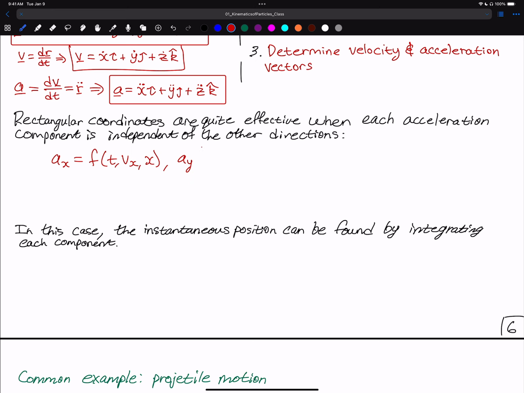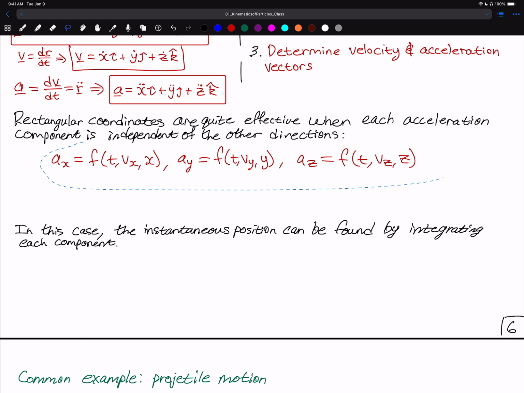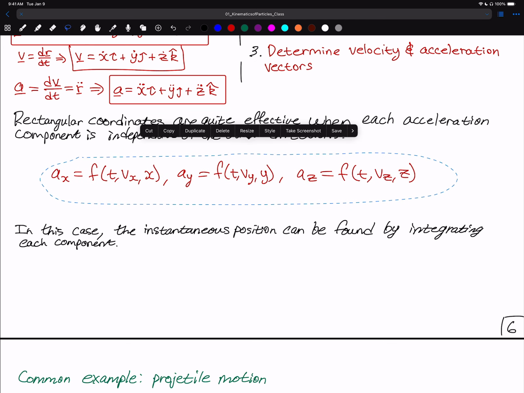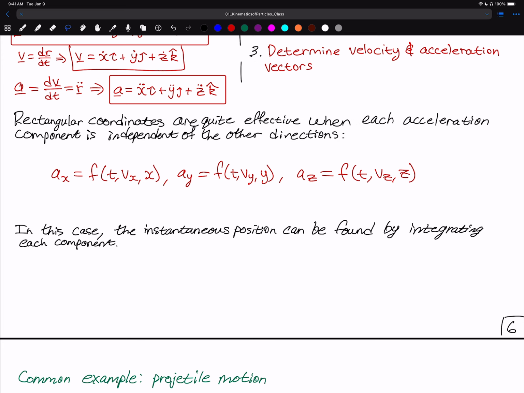Same thing with the other two directions, and lastly, in the z direction, f of t, vz, and z. All three of these can depend on time, and that's completely acceptable, but they need to be independent of what's going on in the other directions. This is a particular use case.